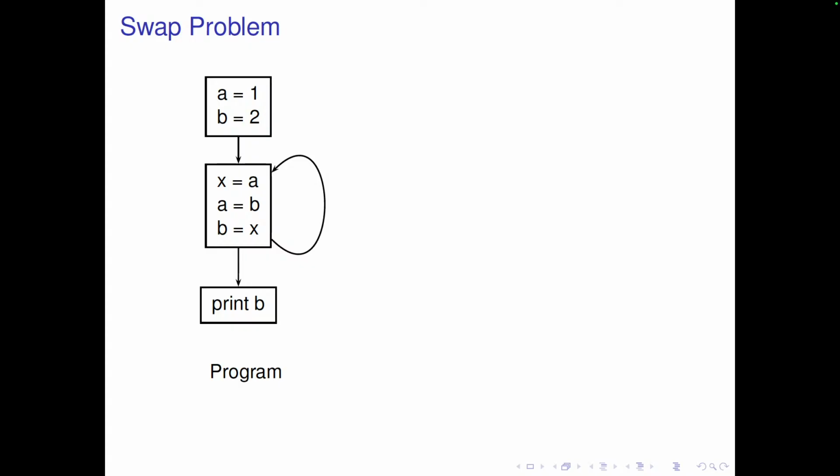That's a standard way of swapping two variables in a C-like language: t equal to x, x equal to y, y equal to t. Right? So what will be printed? If you go over it without the loop, it will print 1. If you go over once, then it will print 2. So basically, depending on how many iterations, odd iterations it will print 1, even iterations it will print 2, something like that. Now convert it to SSA.